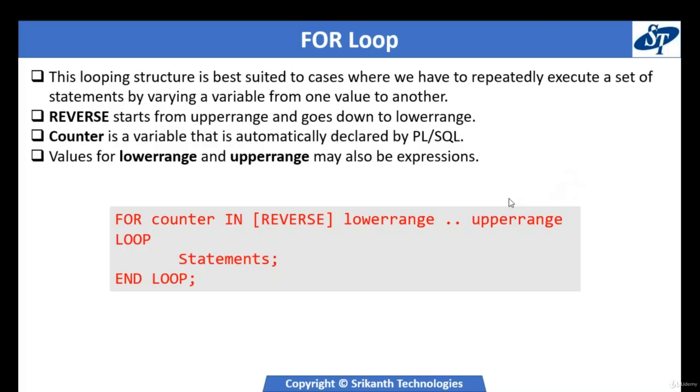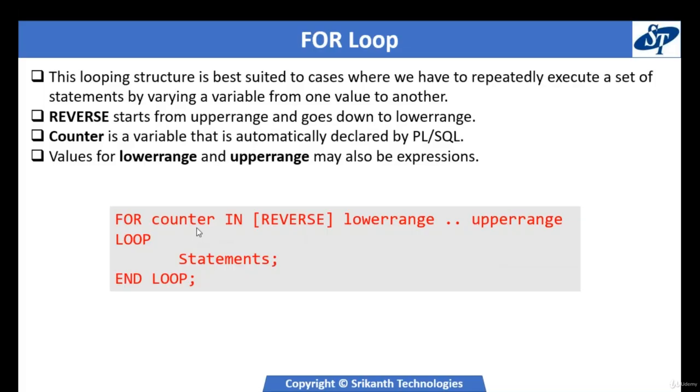Well, the next looping structure is the for loop, which is going to set the counter to the lower range and keep on incrementing it or decrementing it, depending on whether we are using reverse. It keeps on incrementing it from lower range to upper range.